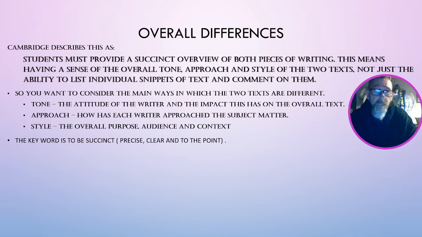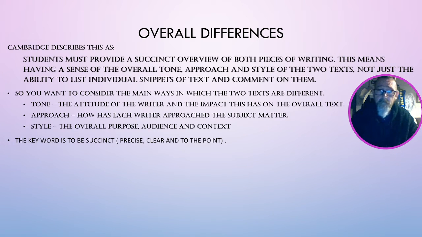So you want to consider the main ways in which the 2 texts are different. This could be in the tone, so the attitude that the tone has to the text, and the ways in which the 2 texts are different. Or, and I say or because sometimes the tone is not always clear, the approach: how has each writer approached the subject matter?